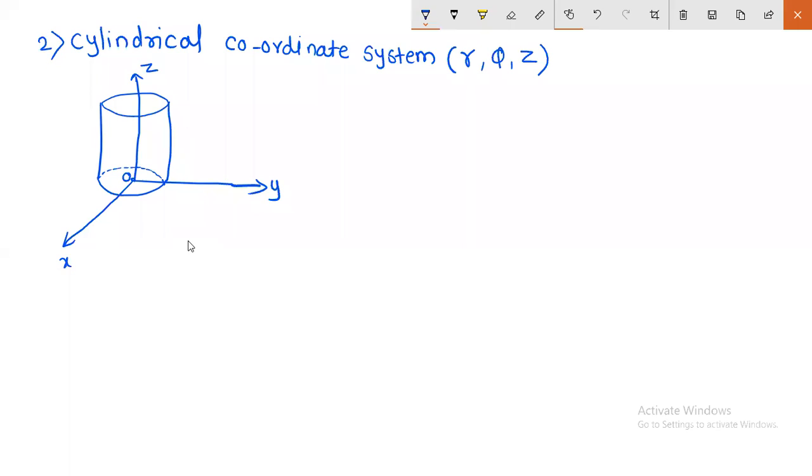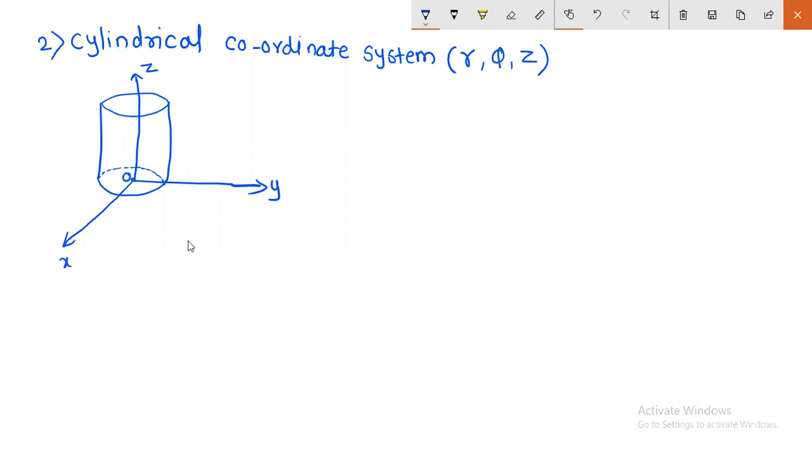If you see the z-axis, this z-axis is nothing but the central axis of your cylinder. And this cylinder is placed on the ground, and this z-axis is the central axis of your cylinder.